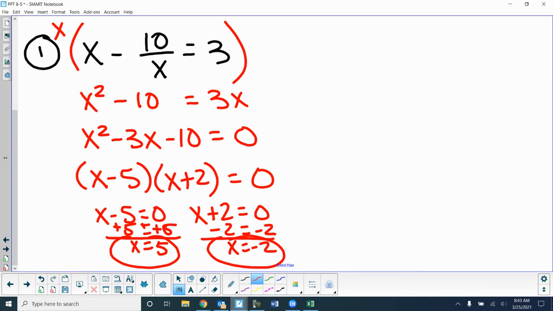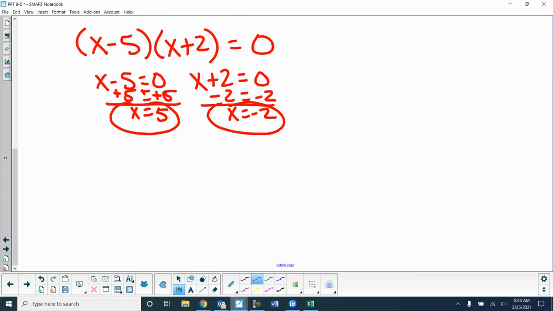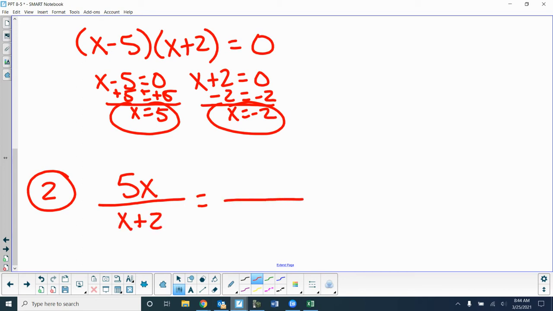Okay. Let's look at number 2. Now we have a proportion, but this one's a little different than the one we did the warm-up with. What's different about this one? The two denominators are the same on both sides, right? You see that?